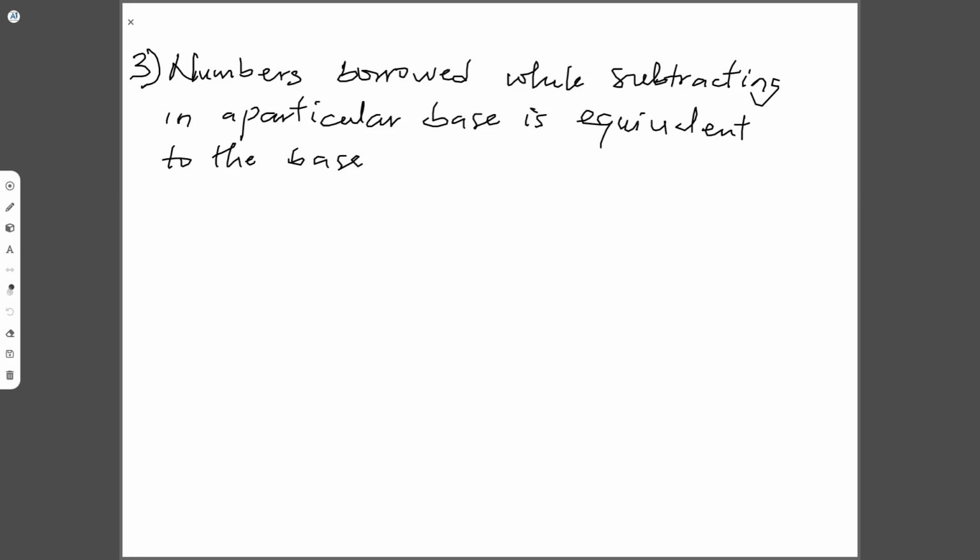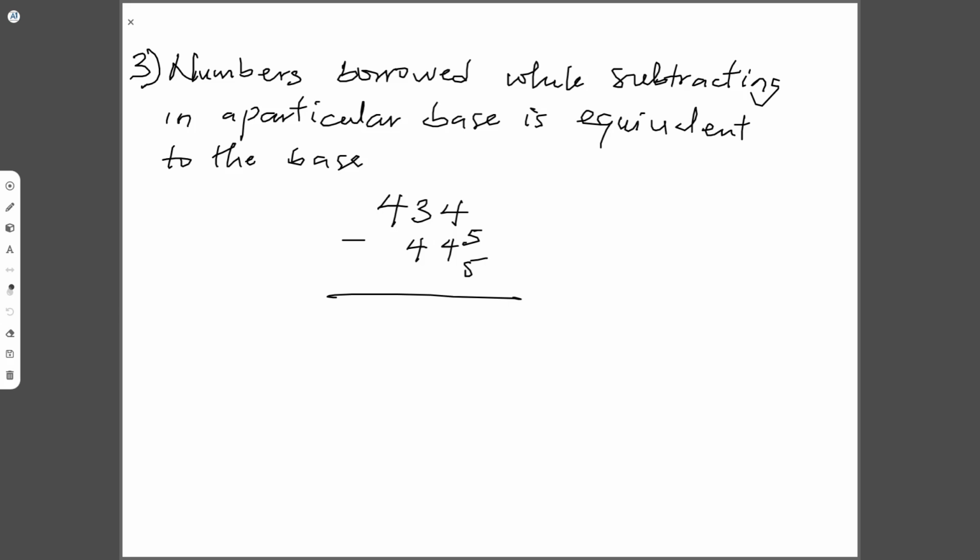Let's cite an instance. We have 4, 3, 4 in base 5, and we have 4, 4 also in base 5. And we want to perform subtraction. Of course, we are working under base 5.